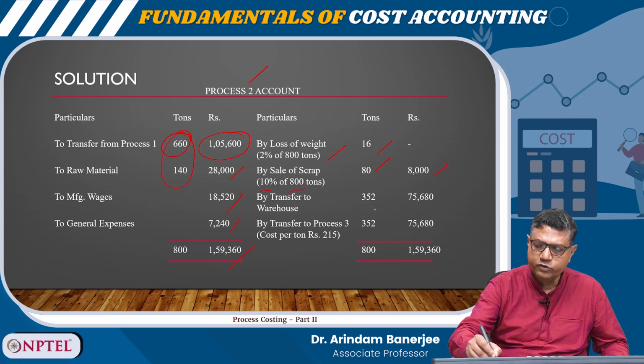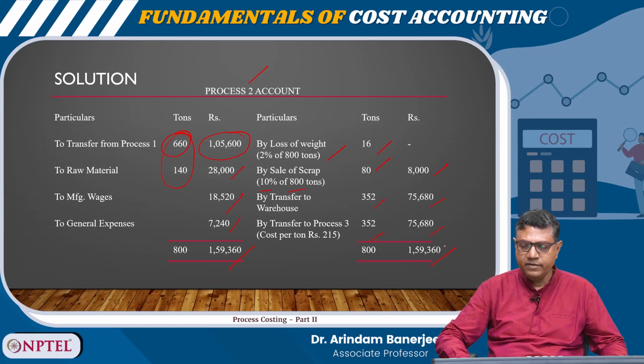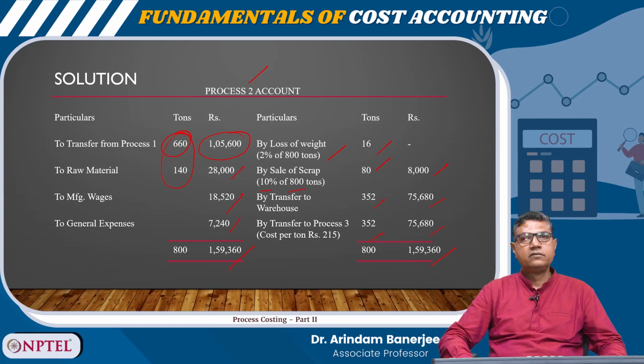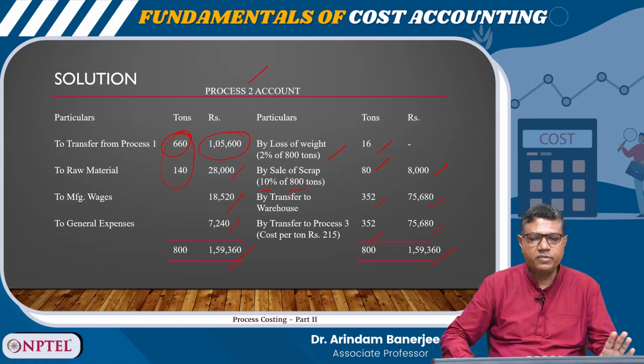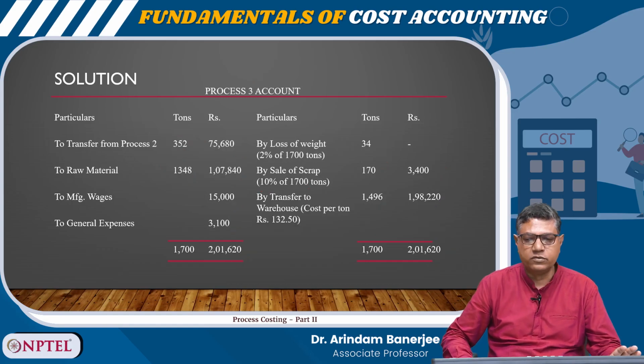So it's 352 and 352 tons, the amount is 75,680 and 75,680. The total is 1,59,360. Okay, fine. So this is my process 2 account.